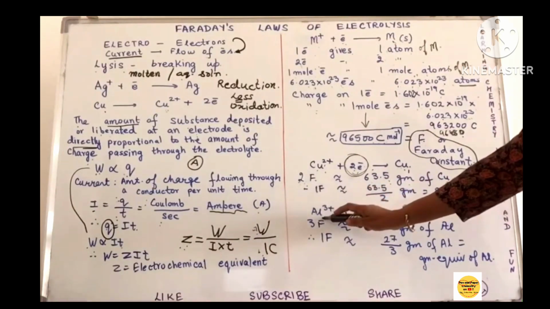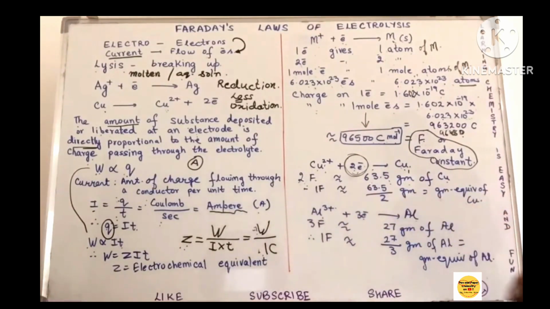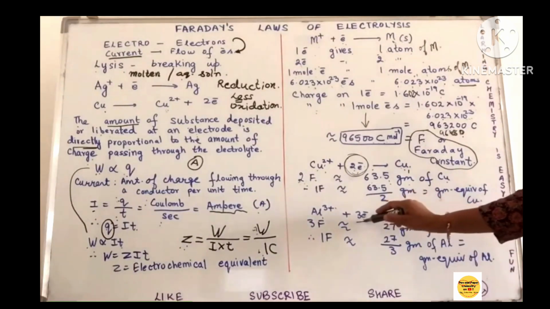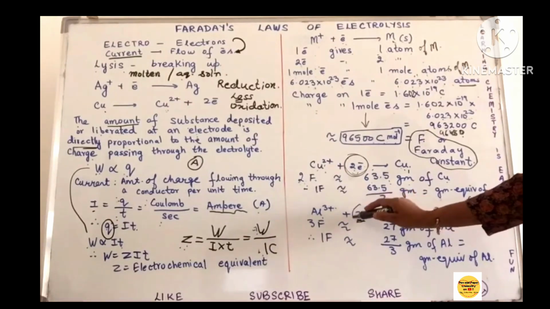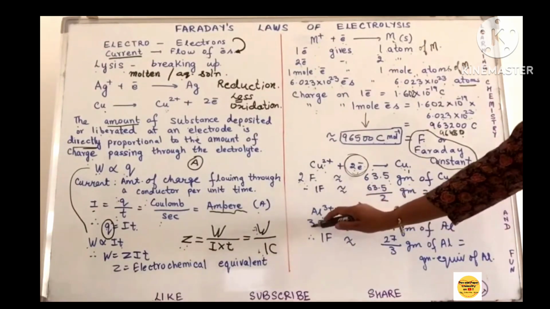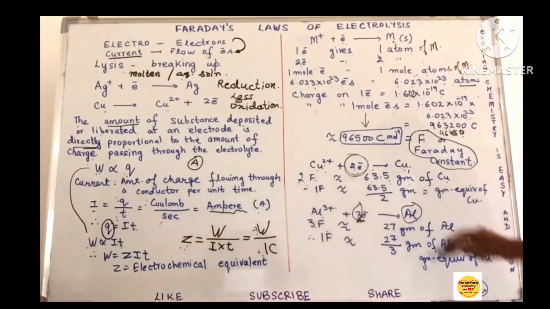Take another example. Al3 positive plus 3 electrons gives you Al. In other words, how many Faradays of charge here? Yes, what's the coefficient? 3. So 3 Faradays is giving you how much aluminium? What is the atomic mass of aluminium? Yes, 27 grams. So 3 Faradays is giving you 27 grams of aluminium.